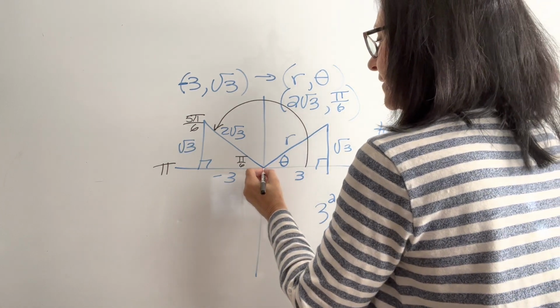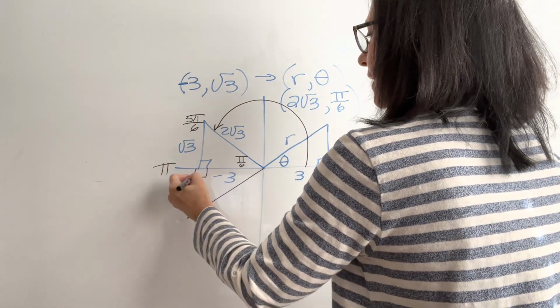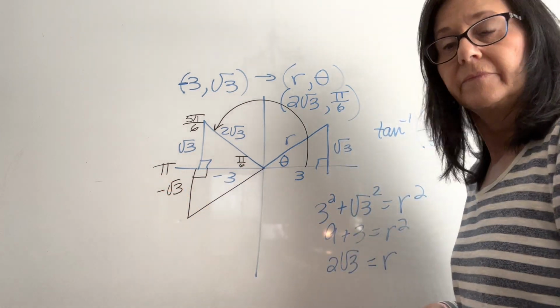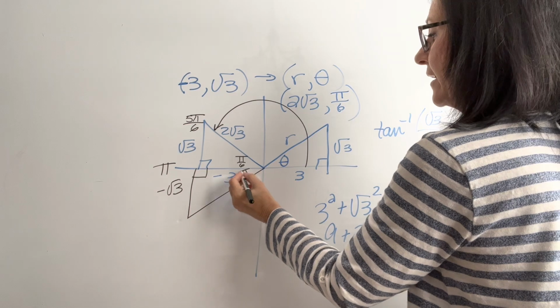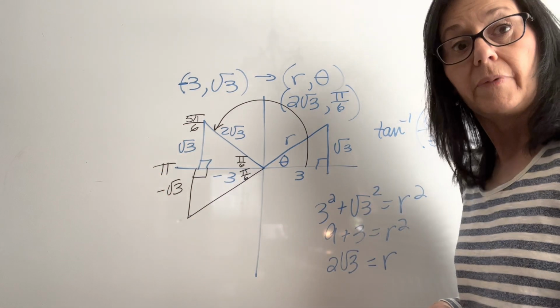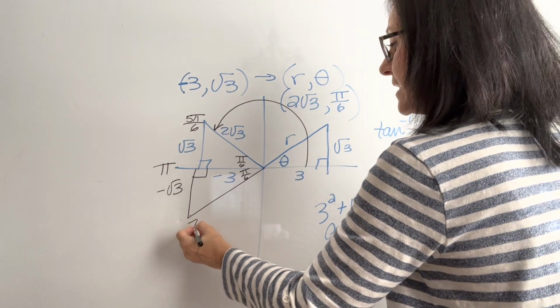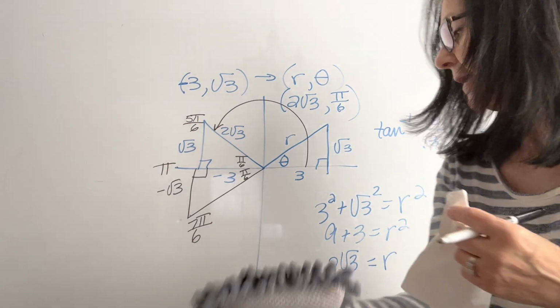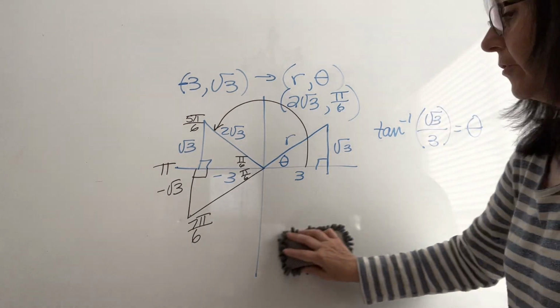What if it would have been in this quadrant, and it would have been negative 3, negative square root of 3? Now you have this angle as pi over 6, so it's pi plus pi over 6, which would be 7 pi over 6. Now, what if it would have been in the fourth quadrant?